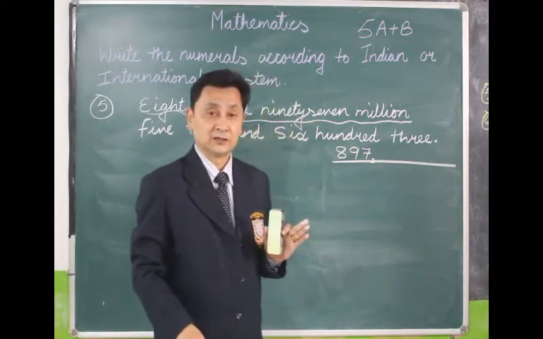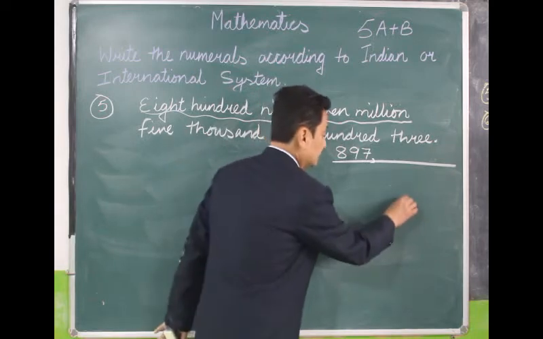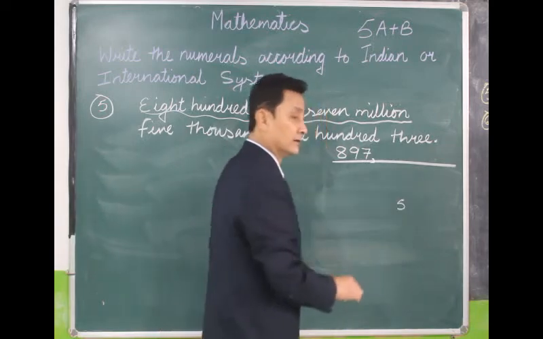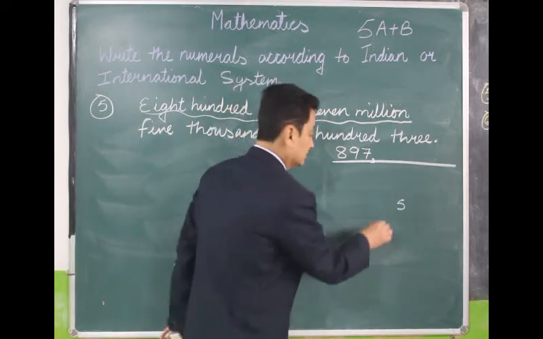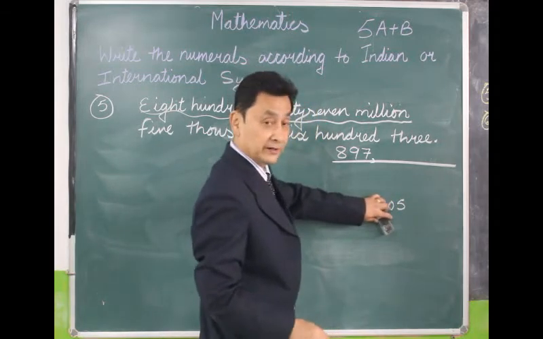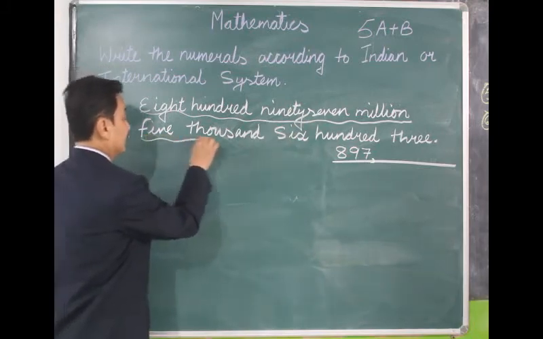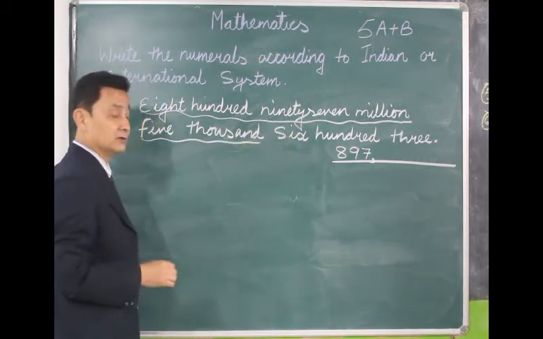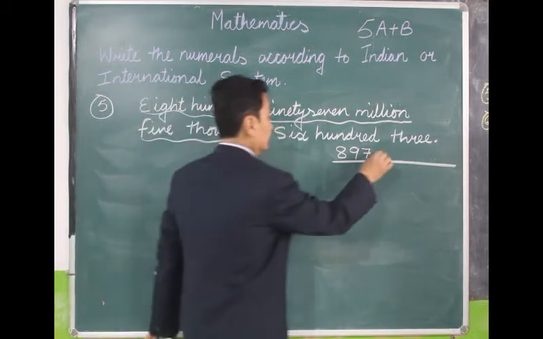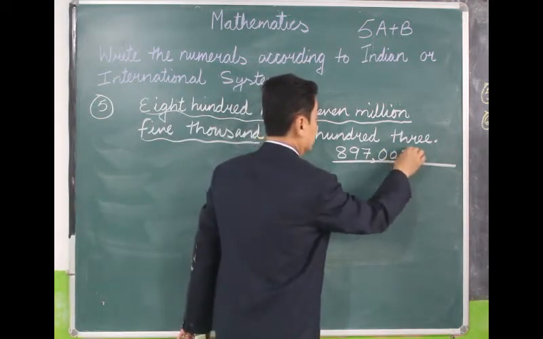Yes, 3. But still, we know there should be 3 digits and we tend to write only 5. Remember, 5,000 is written 005. So how do we write 5,000 in that system? 005. Now it is 5,000.